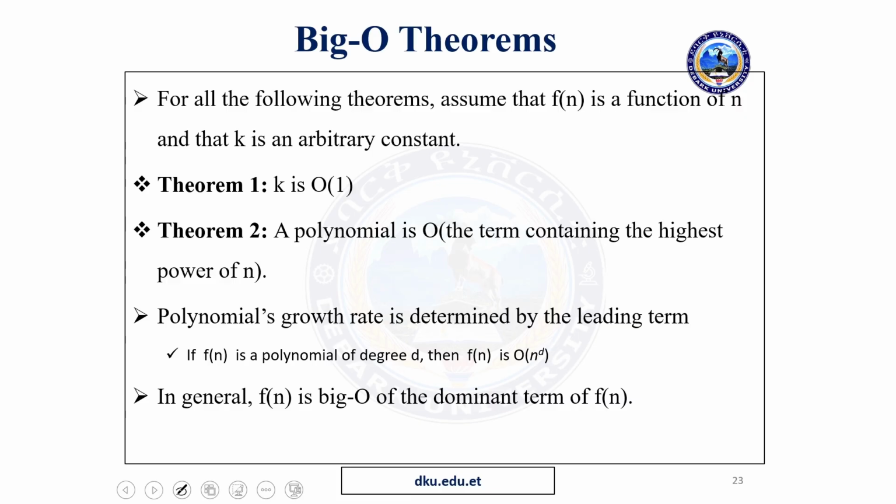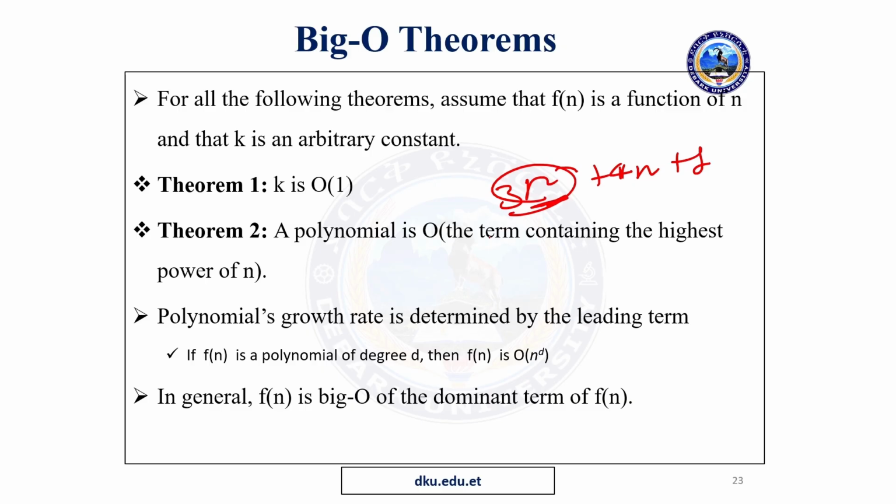For example, in the previous one, 3n squared plus 4n plus 1, n squared contains the highest power of n, so we consider this one only.